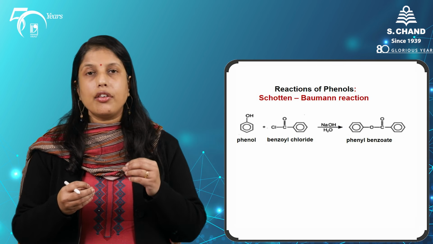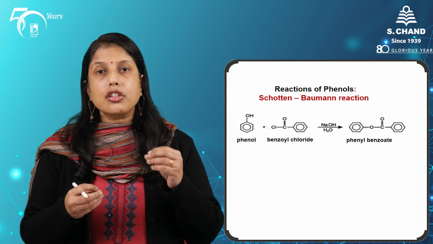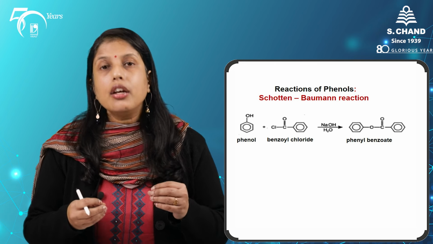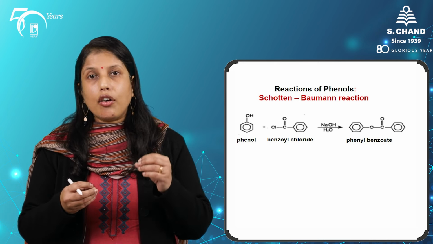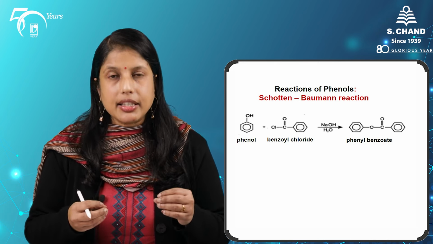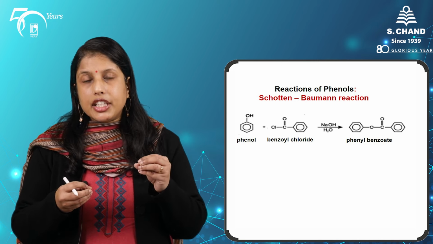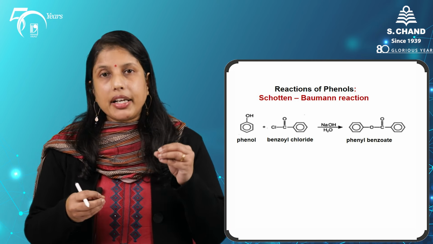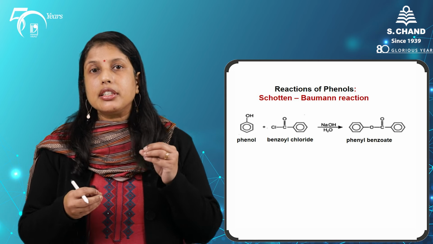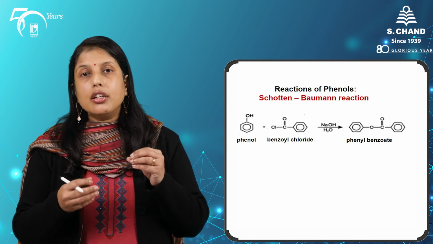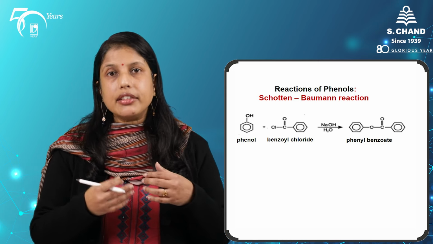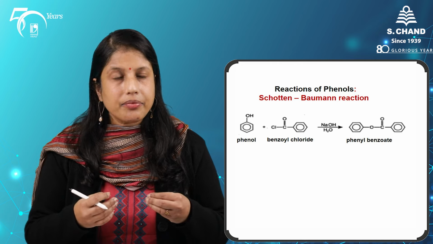So finally, let's look at one typical reaction of the hydroxyl group in the case of phenol, and this is our Schotten-Baumann reaction for the preparation of the phenyl benzoates. These are common derivatives which are prepared by students in the undergraduate organic laboratory during qualitative organic analysis.